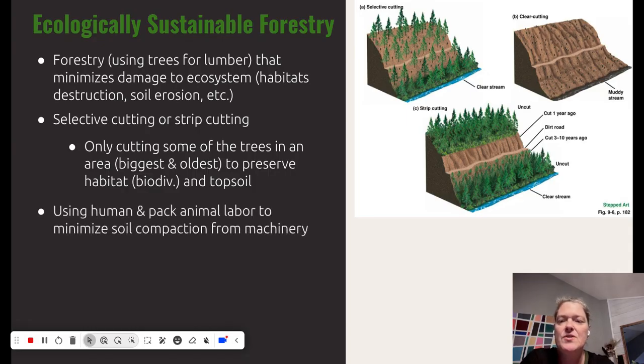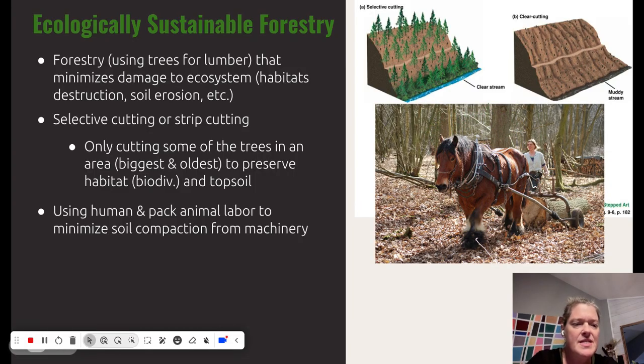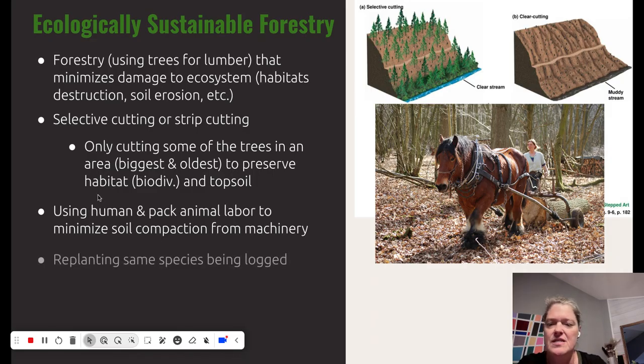So we do this selective cutting or strip cutting using human or pack animal labor, so horses and things like that, to minimize the soil compaction from the machinery. And that's really beneficial to help the habitat as well. So you can see here using horses to drag out the trees.